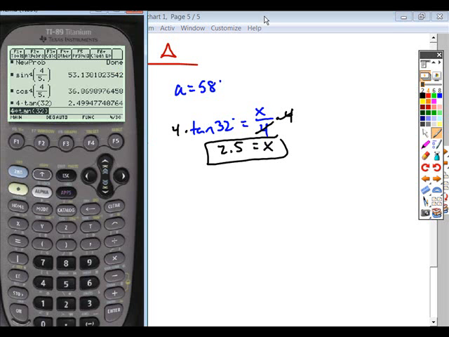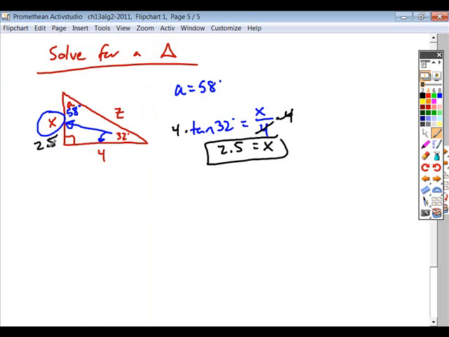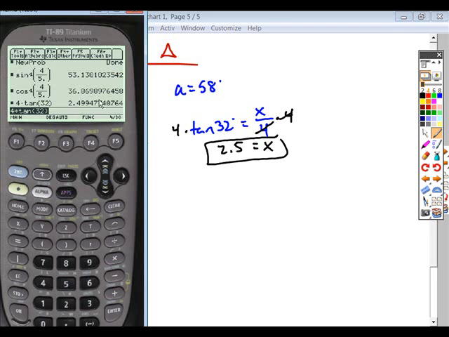Okay, so once we have the length x identified, what can we do to find the length z? One option is Pythagorean theorem. If you do Pythagorean theorem, make sure you use the exact value. Don't approximate. So don't just use 2.5 for x, because x is actually this whole value.